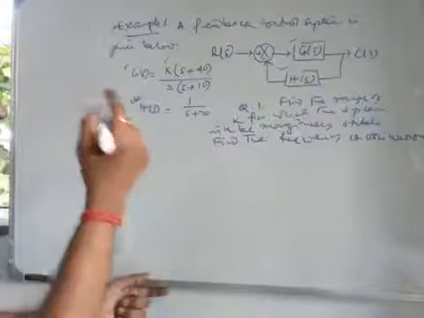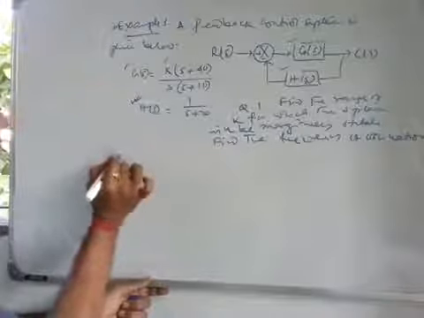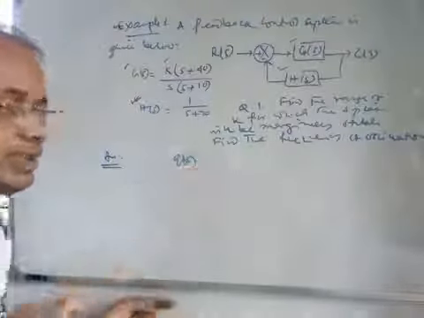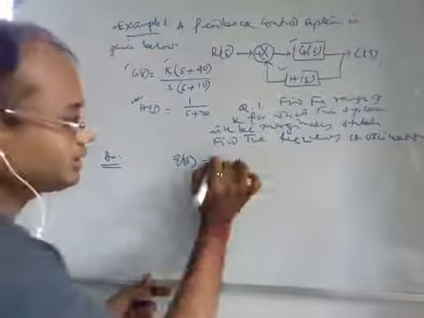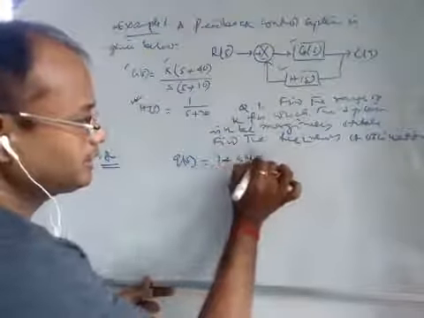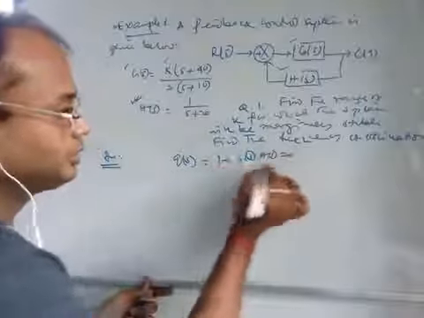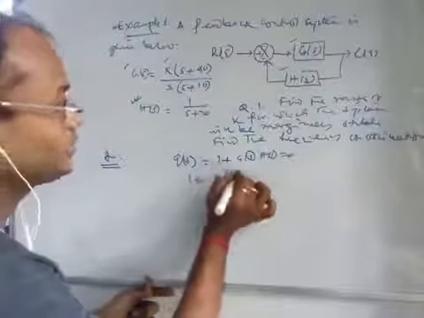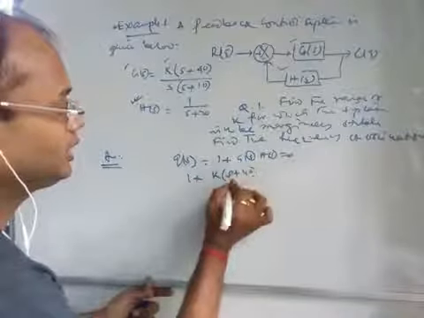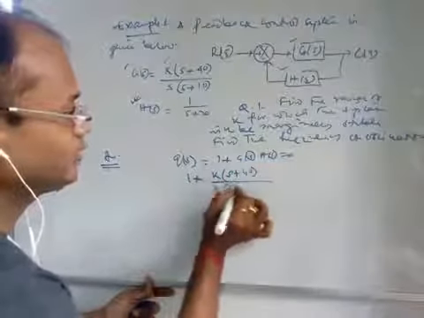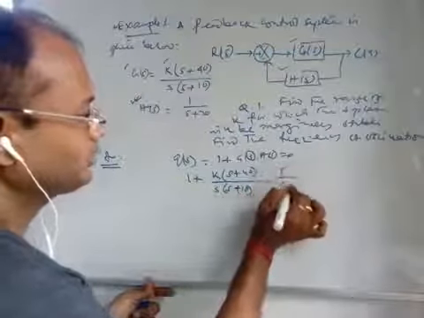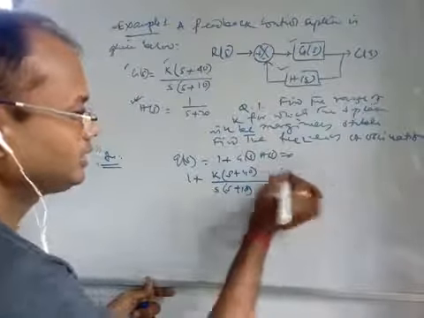So how do we find this out? First of all, you have to find out the characteristic equation. What is this? This is 1 plus G(s)H(s) equal to 0. That means 1 plus K(s+40) / (s(s+10)) into 1/(s+20) equals 0.